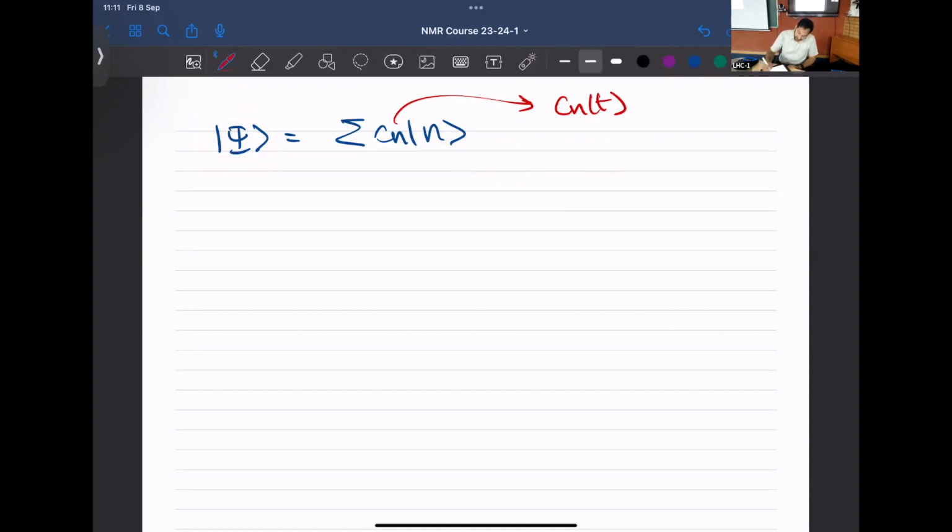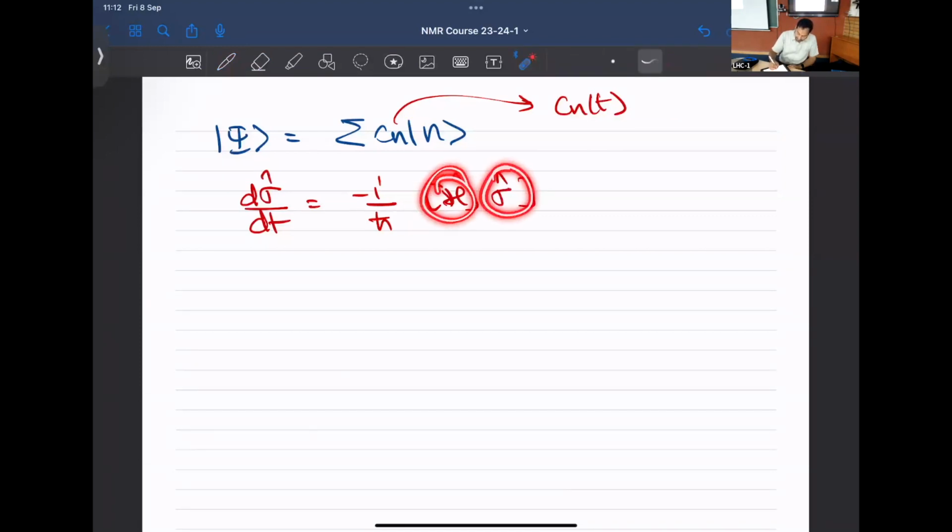And after that, we were able to rewrite the time-dependent Schrodinger's equation into the Liouville von Neumann equation, which looks like this, involving a commutator of the density matrix itself with the Hamiltonian that is being worked with.